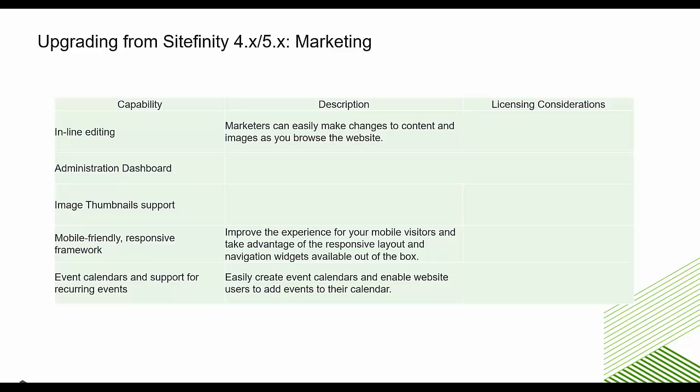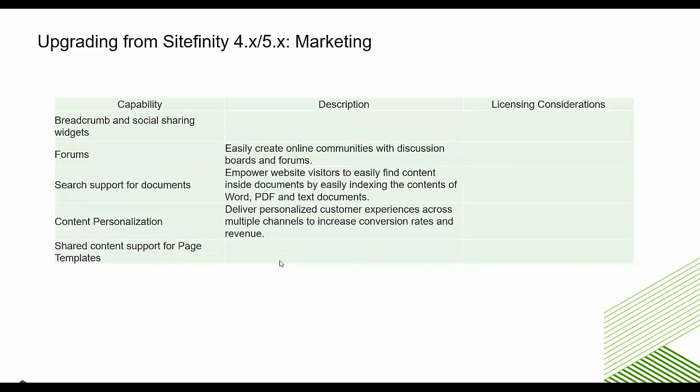Event calendars and support for recurring events. Here you can easily create event calendars and enable website users to add events to their calendars. We had some improved breadcrumb and social sharing widgets in 6.x. In terms of forum improvements, you can now easily create online communities with discussion boards and forums.